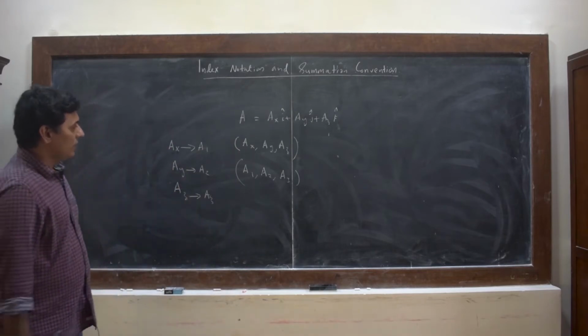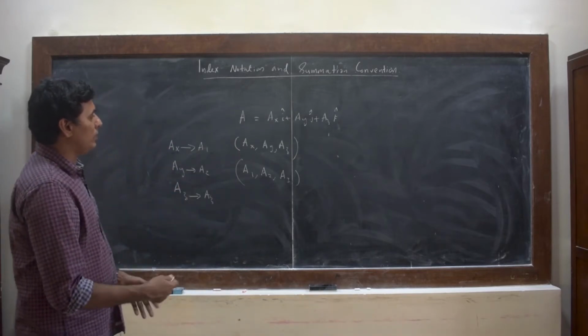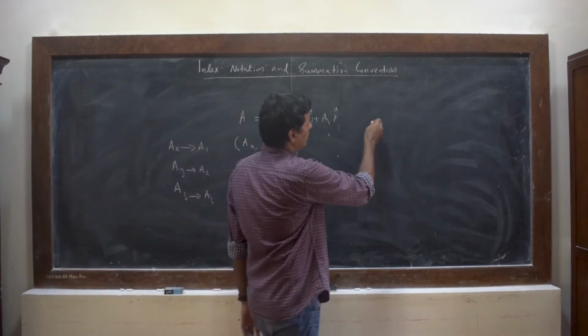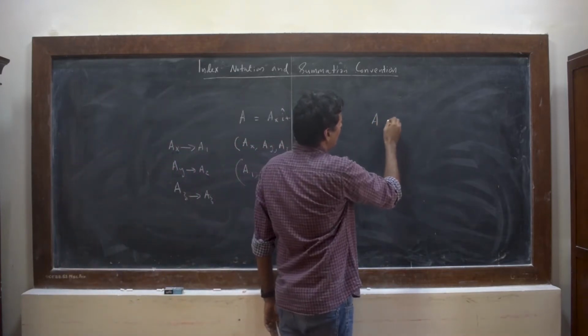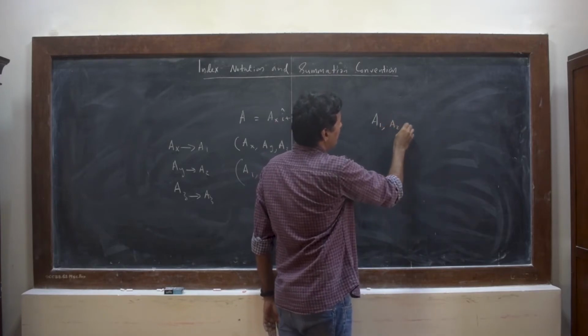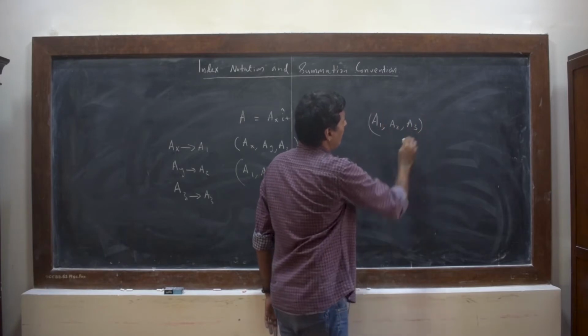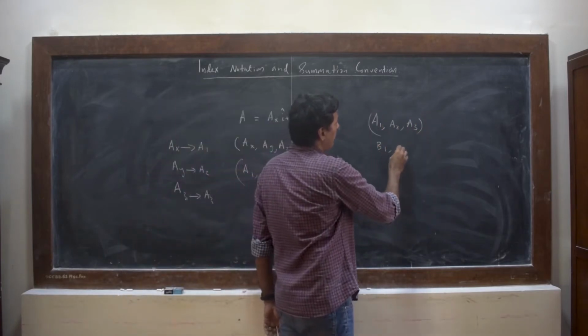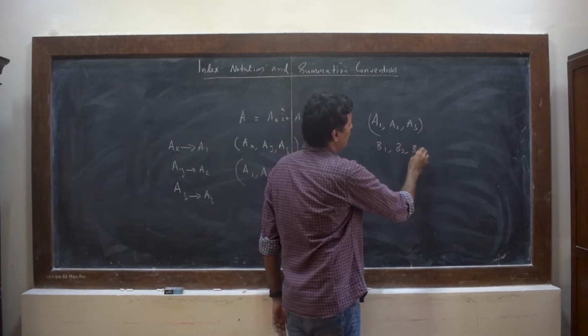All right, and now suppose that you have two vectors A and B. The components of A will be A1, A2, A3, and the components of B are going to be B1, B2, B3.